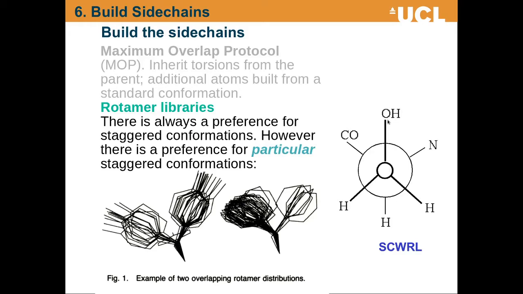Now we've got, for the front atom, an oxygen and two hydrogens attached to it, and for the rear atom we've got a carbonyl group and two hydrogens attached to it.